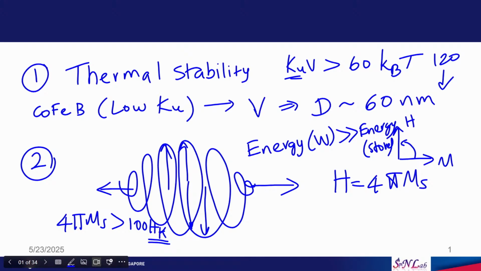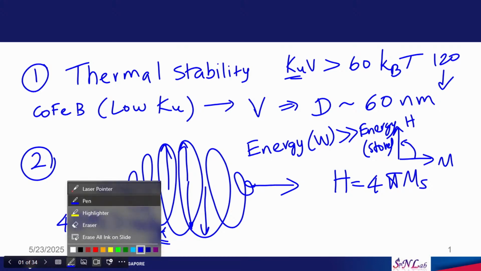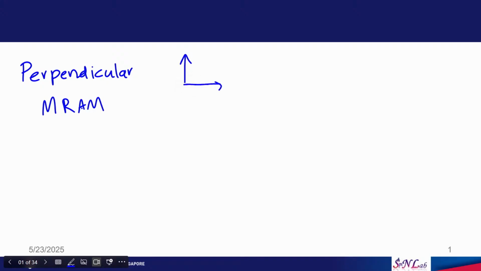Okay. So, because of these two problems, researchers started working on perpendicular MRAM. So, in perpendicular MRAM, if you have magnetization in the perpendicular direction and if you want to bring it to in plane direction, you need to apply a field Hk. Okay.